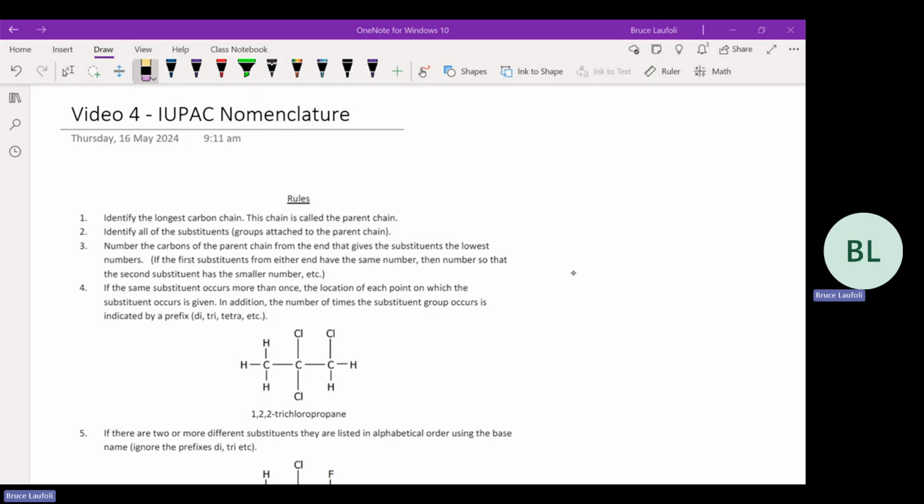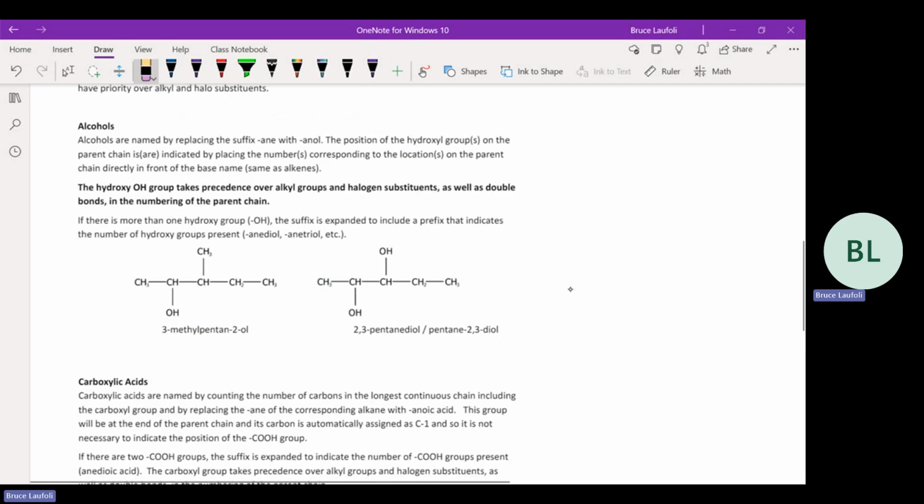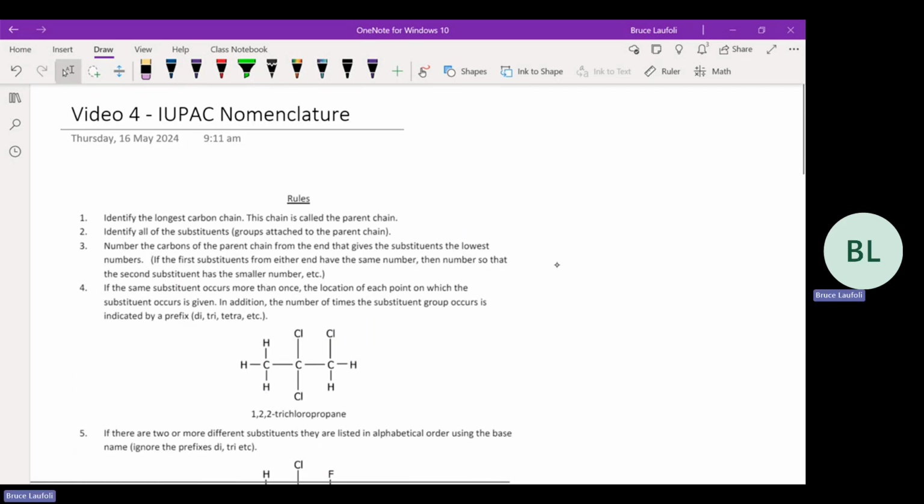So you can have a read through this document. This is just the level 2 examples. But the general thing that I want you to take away from these rules overall is that the first idea that we are working with is that we need to identify the longest chain.